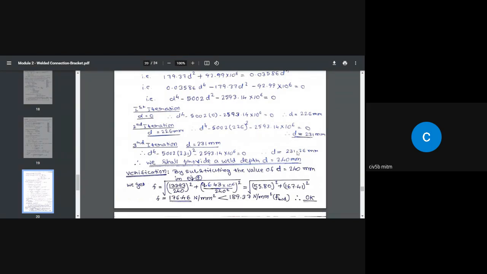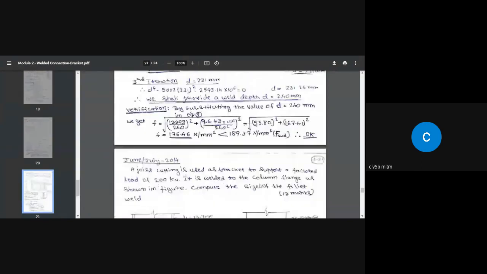Because we increased the depth from 231.26 to 240 millimeter, this value of F is equal to 176.46 Newton per millimeter square, which of course will be less than 189.37 Newton per millimeter square. Is it clear to you guys?